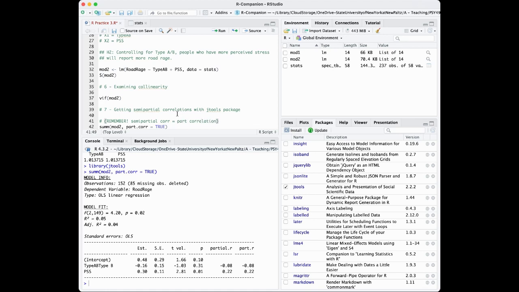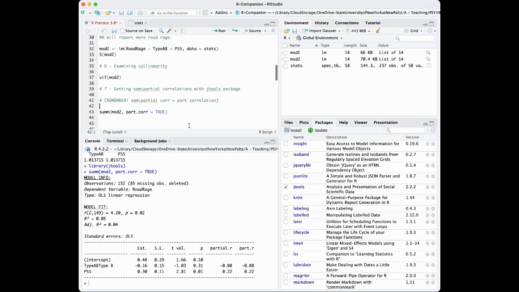They're just two names that people apparently can't agree on what to call them. So we have our semi-partial correlations here. The stronger of the two, ignoring the sign, is perceived stress. And that doesn't surprise us, but it is the larger of the two. And we ignore the fact that they're in different signs.